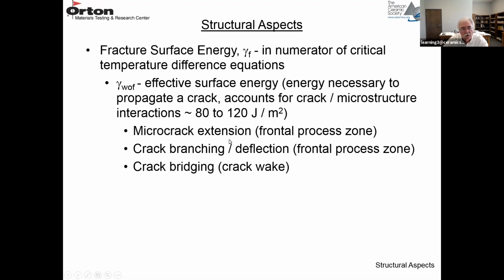In a frontal process zone, you might want to design a zone where you have microcrack extension. You might want to allow for crack branching or crack deflection around a particle. Or in the crack wake, which is probably the most important zone for thermal shock resistance, you would design in crack bridging.